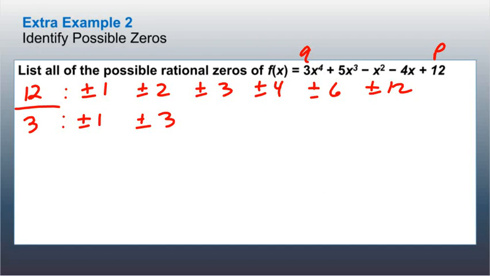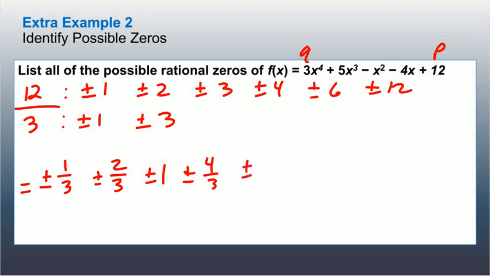Let's do all the fractions first. So all the fractions would be positive and negative 1/3, positive and negative 2/3, and then the rest would be positive and negative 1, positive and negative 4/3.